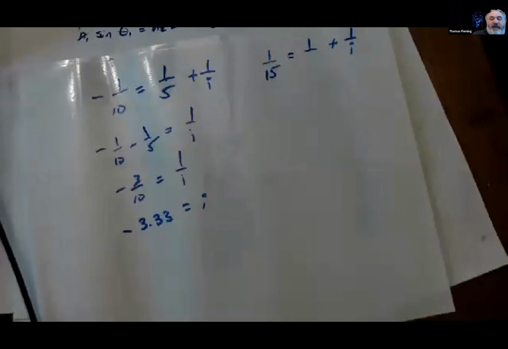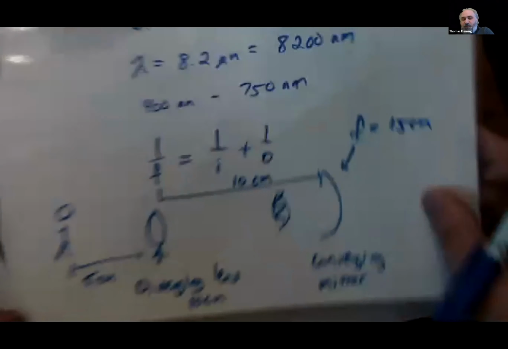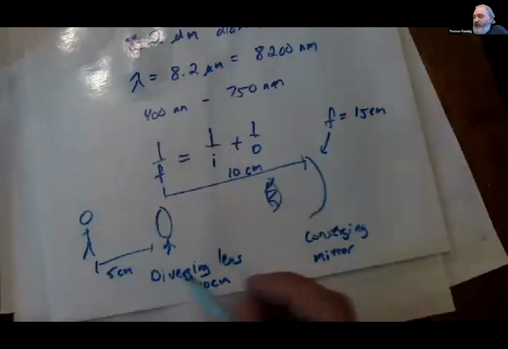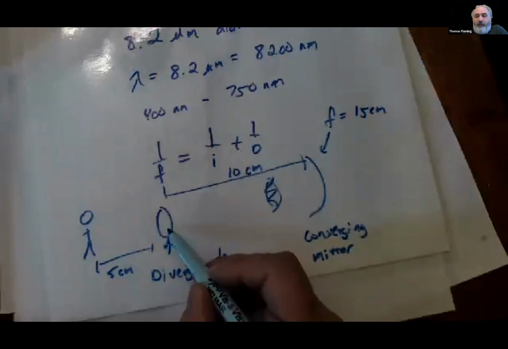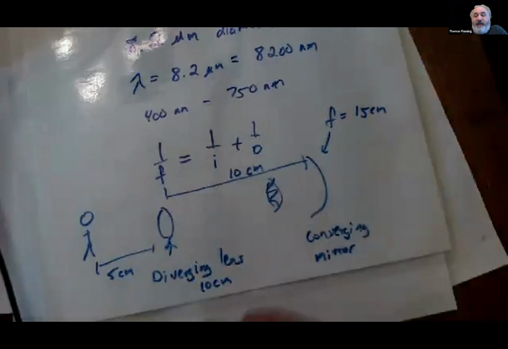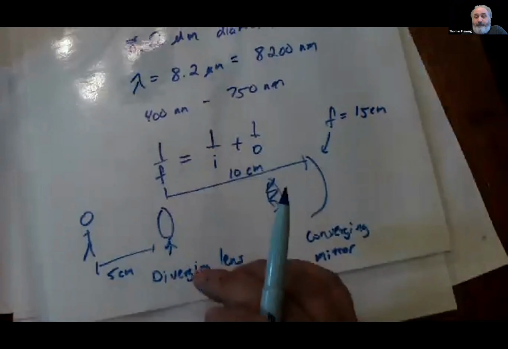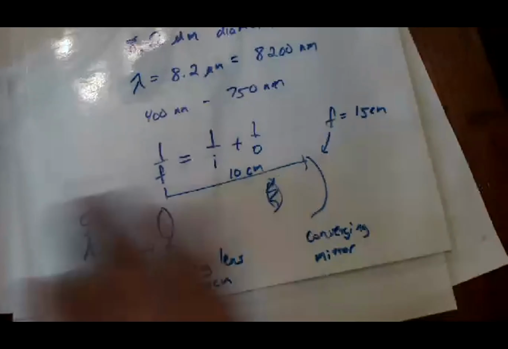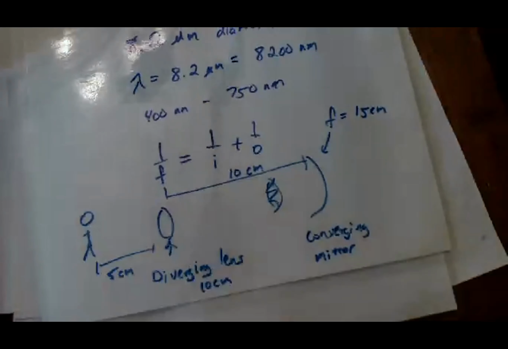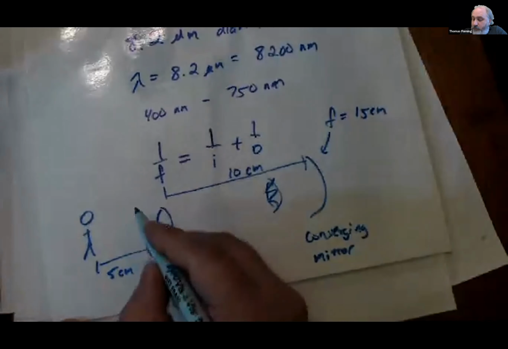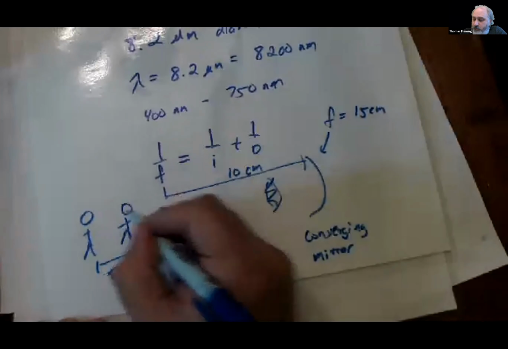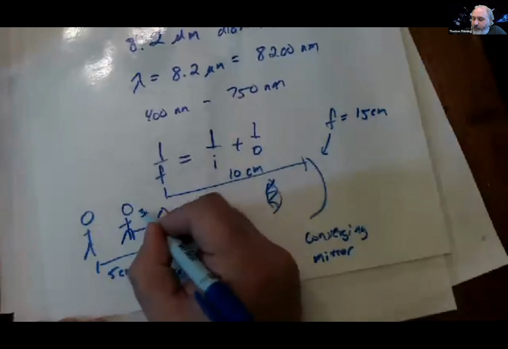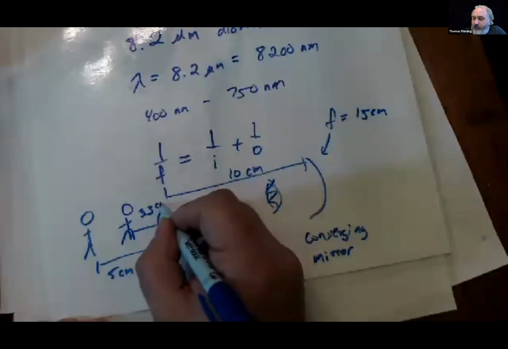To see what the answer is going to be, let's go back to my original drawing. We found the image from that first lens to be at an image distance of negative 3.33. So where on my picture is the image? The image is on the same side as the object. So the image is over here, 3.3 centimeters away.